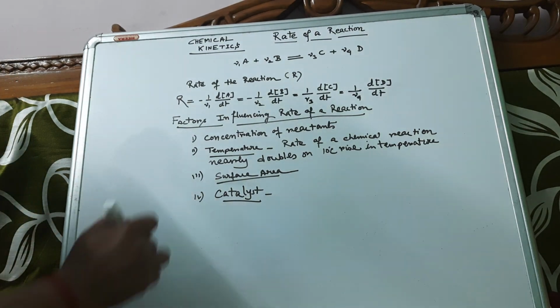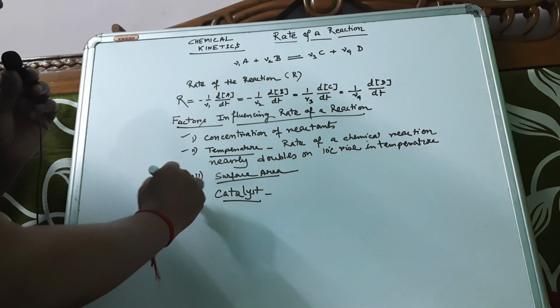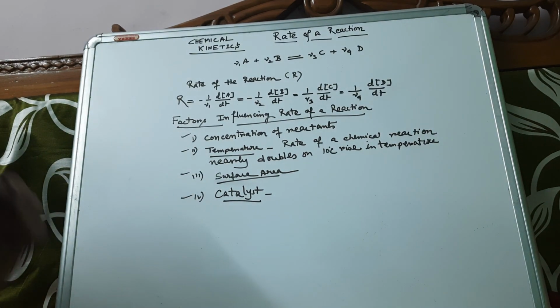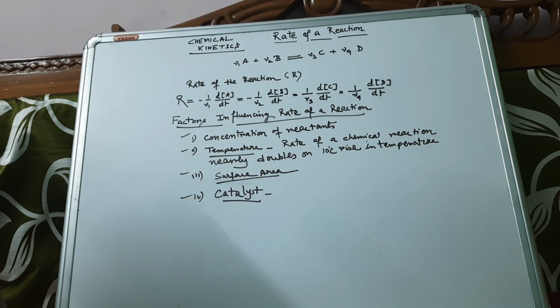So all these are the four main factors which affect or influence the rate of a chemical reaction, my dear friends.